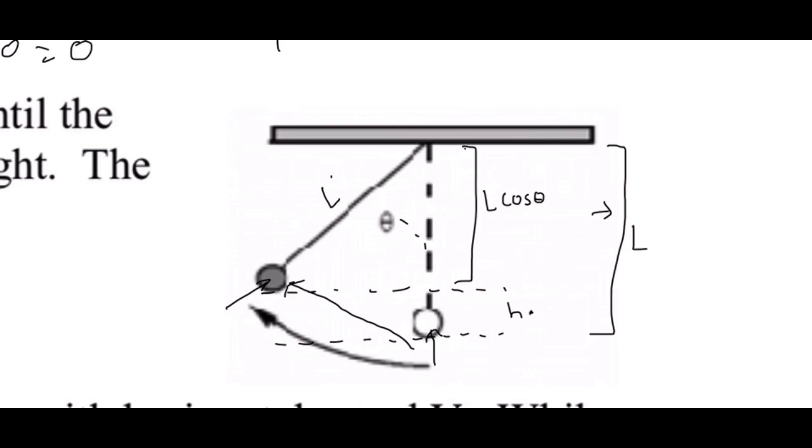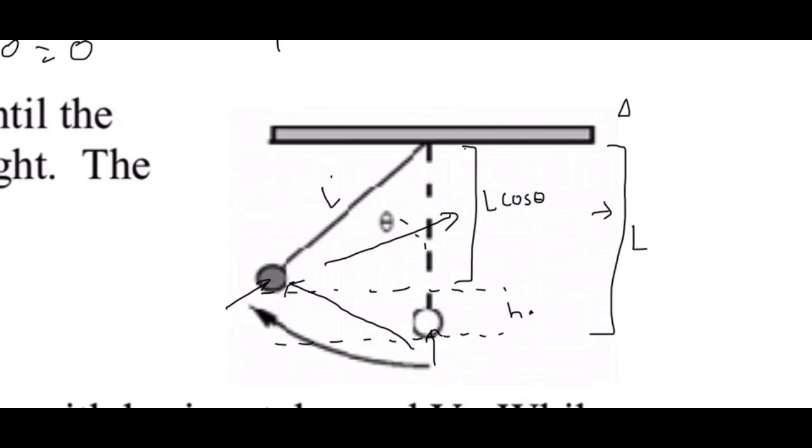So the hypotenuse is the full string length L. And the vertical side, from the height from pivot to new position over here, is L cosine theta, right? So the change in height, as we know, at this 0 potential energy point, it's just L, right?